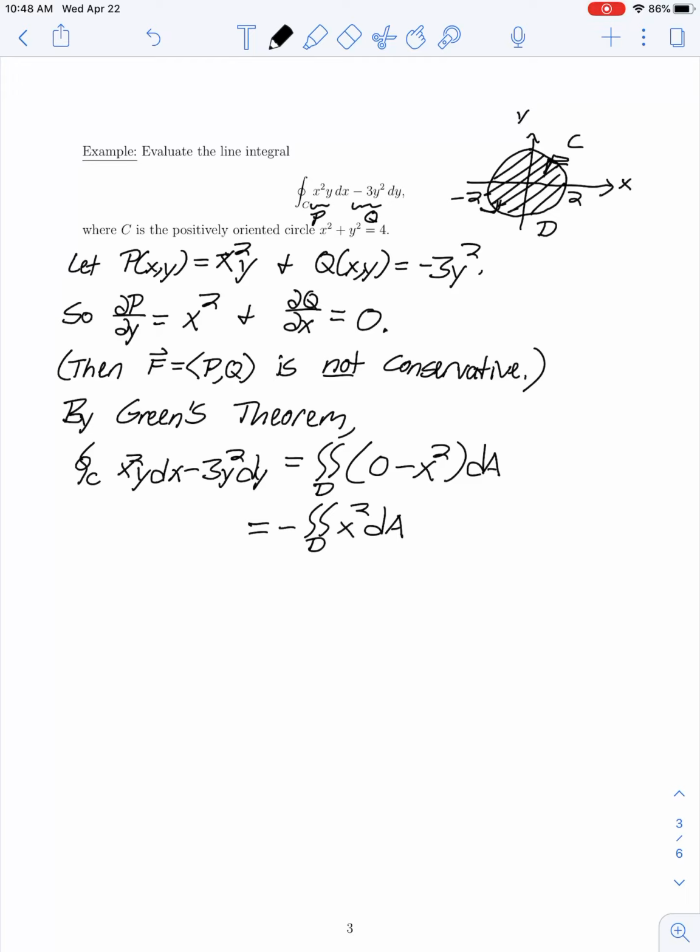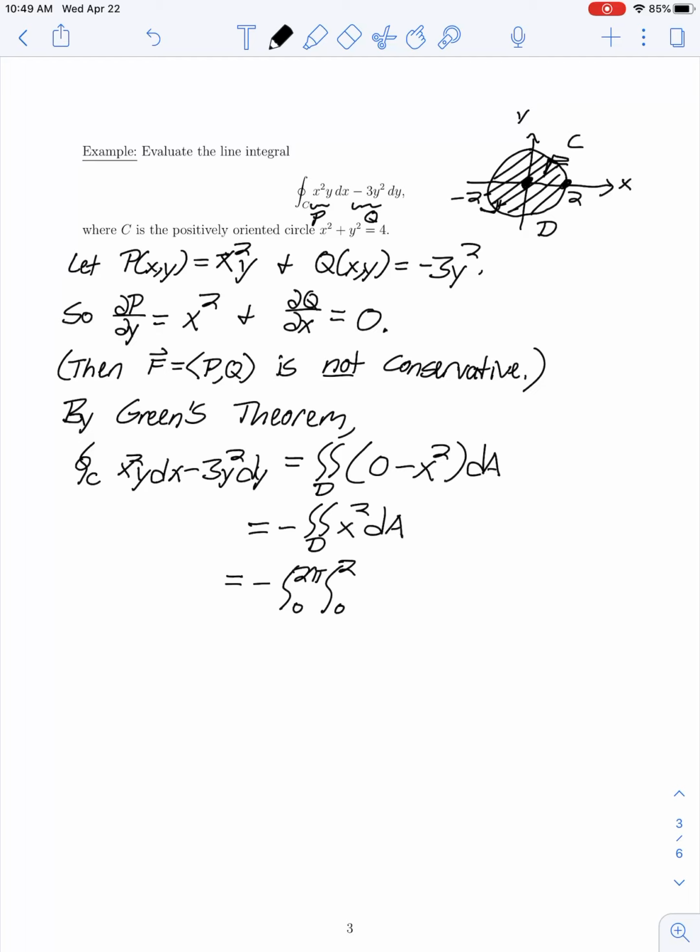So we could describe our region D as a polar rectangle where our outer interval with respect to theta ranges from 0 to 2 pi. Since we're looking at the full disk, we would have a full 2 pi radian rotation. And the radius could range from 0, those are points at the origin, out to the outer edge of our disk, which was radius 2. So the radial coordinate could go from 0 to 2.